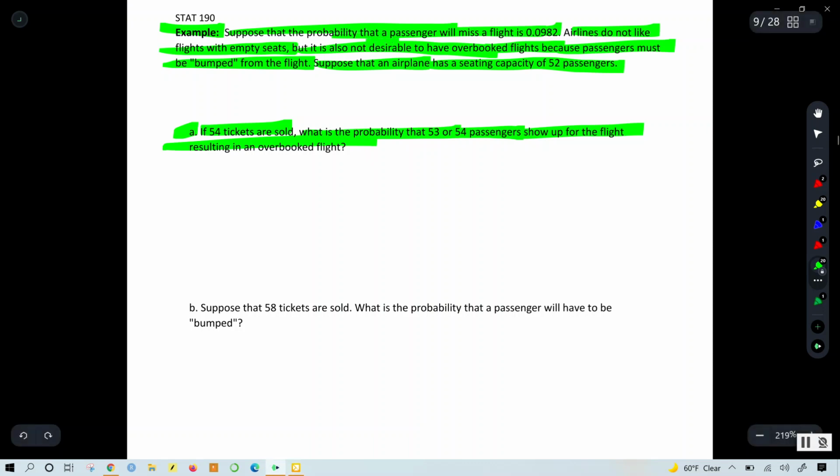A trial here is a passenger. Will the passenger miss the flight, or will the passenger show up for the flight? So the trial in this context is equivalent to one passenger that can lead to two possible outcomes: either miss the flight or show up for the flight.